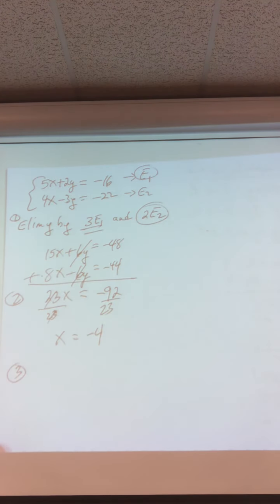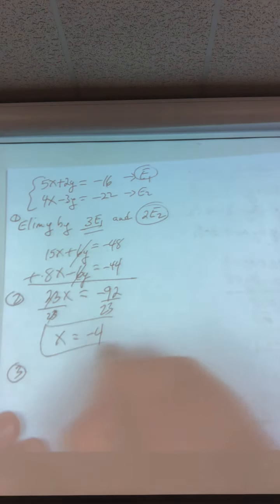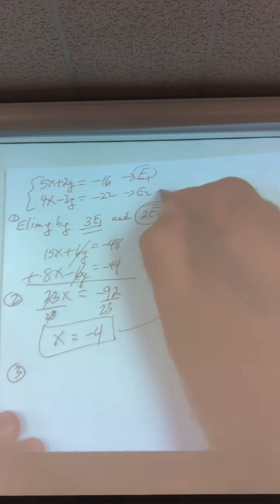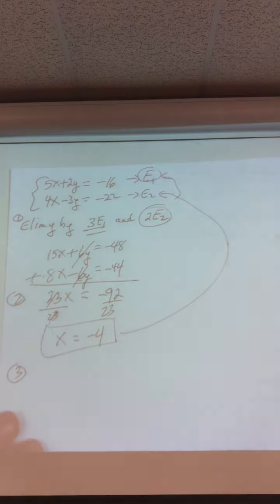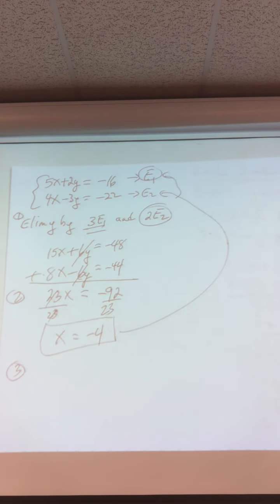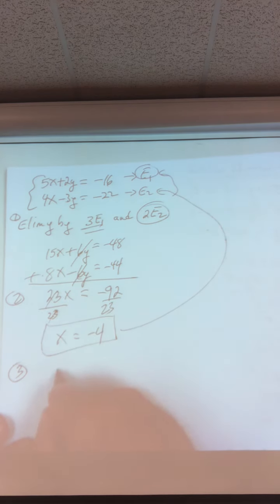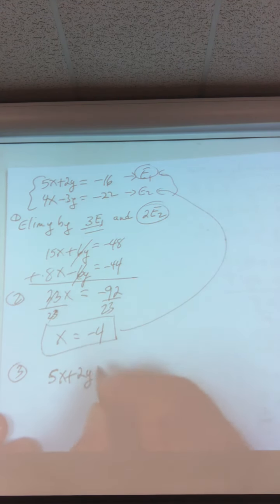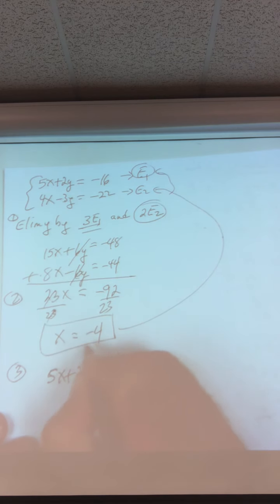Now step 3, plug this back into either E1 or E2, whichever one you prefer. E1, the numbers look a little smaller, so I'm going to take it. Plug negative 4 in for x.